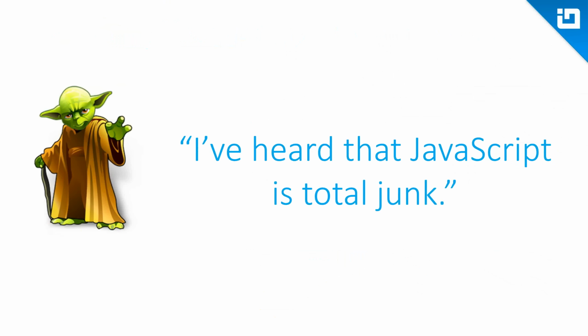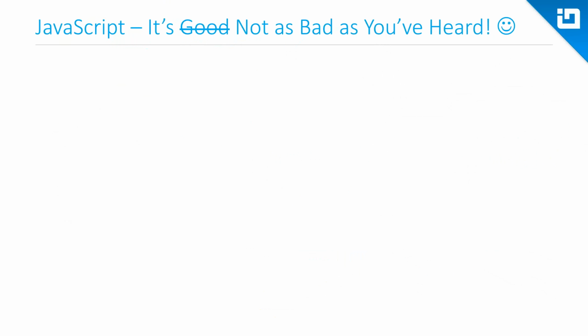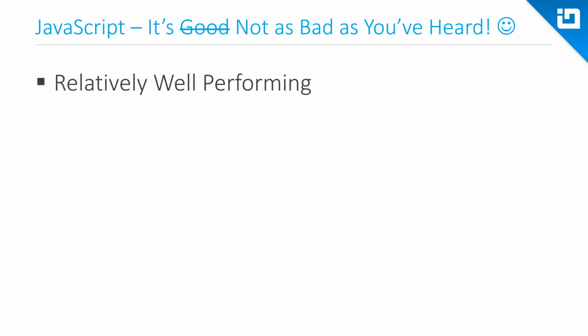So another common objection or concern that Bob has, and he's heard this a lot, is that JavaScript is total junk. It's a crap language, and nobody who really cares about code would actually write in it. And the reality is, it's maybe not good, but it's not as bad as you've heard. It's relatively well performing. In recent years, the browser vendors have been hugely investing in JavaScript performance, and there's no end in sight with that.